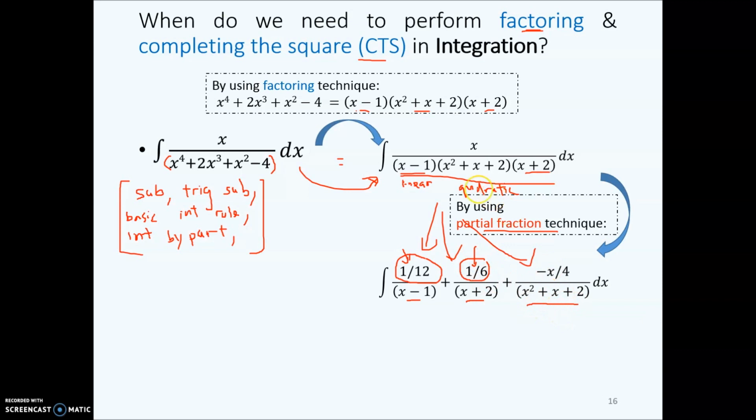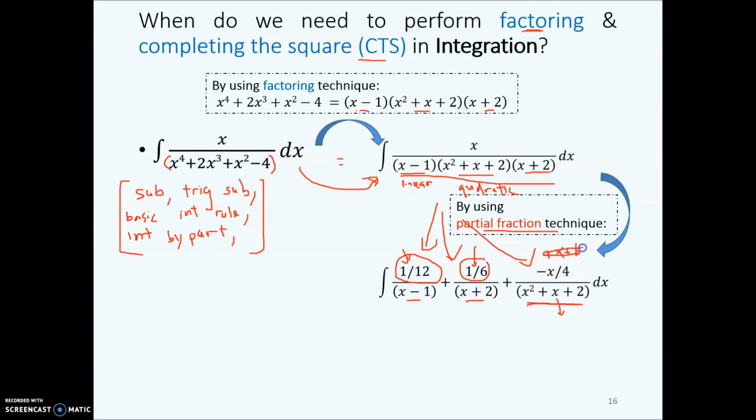And lastly, for the quadratic factor, in this case you cannot reduce it further because the roots will be in complex form. So we have the quadratic function. For a quadratic function, the top should be in ax plus b format. In this case, the constant b is 0, and you get the constant a to be negative 1 over 4.